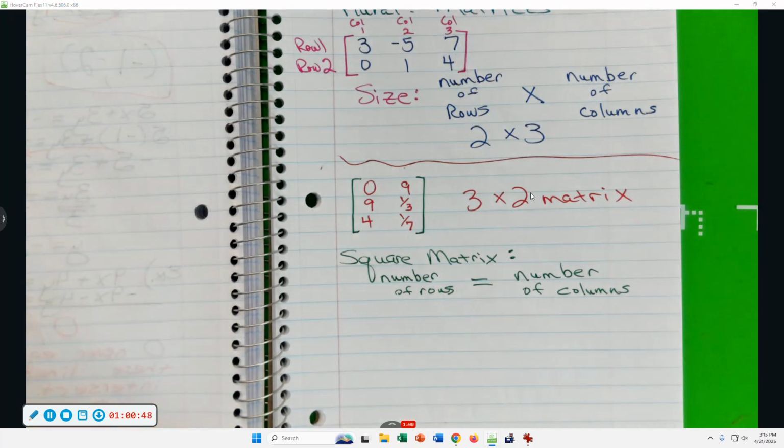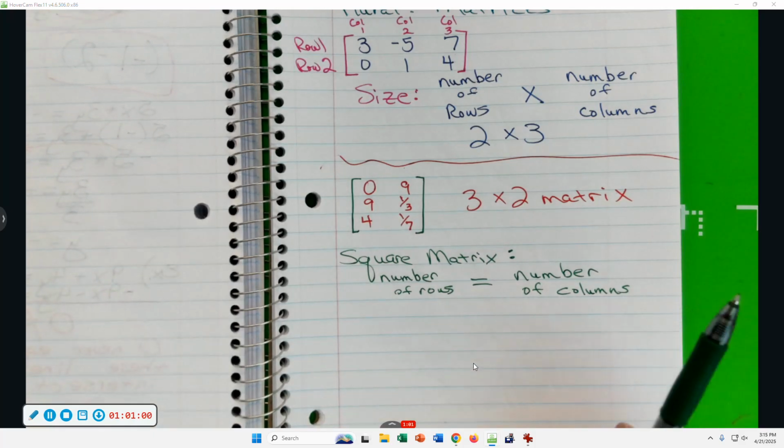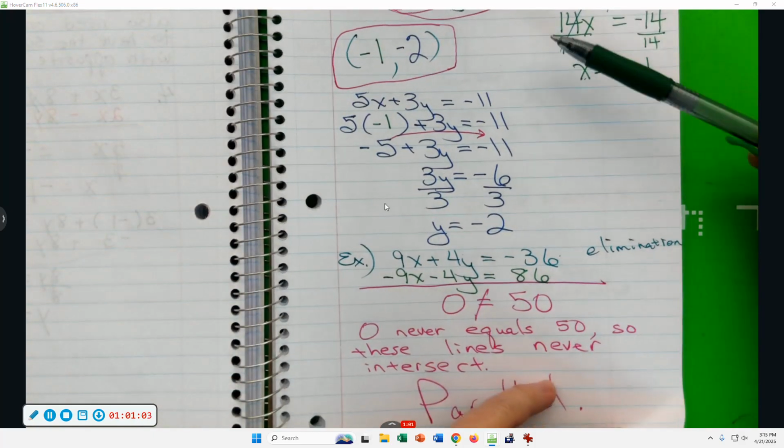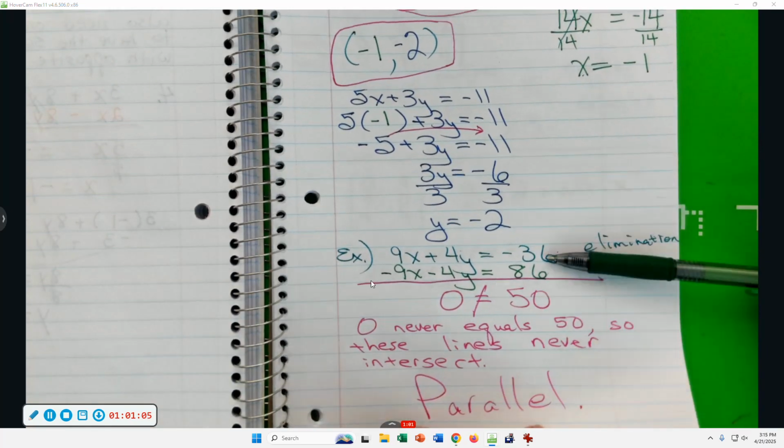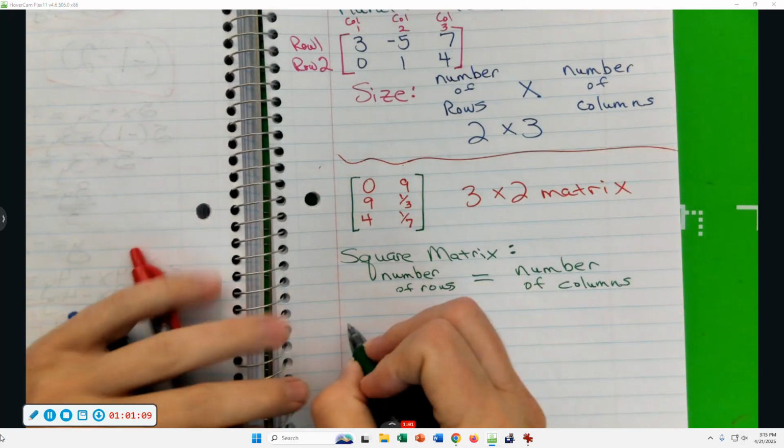We can use matrices to summarize the coefficients and constant terms from a linear system of equations. Everything we're doing today and Wednesday will ultimately go back to this idea of systems of equations.